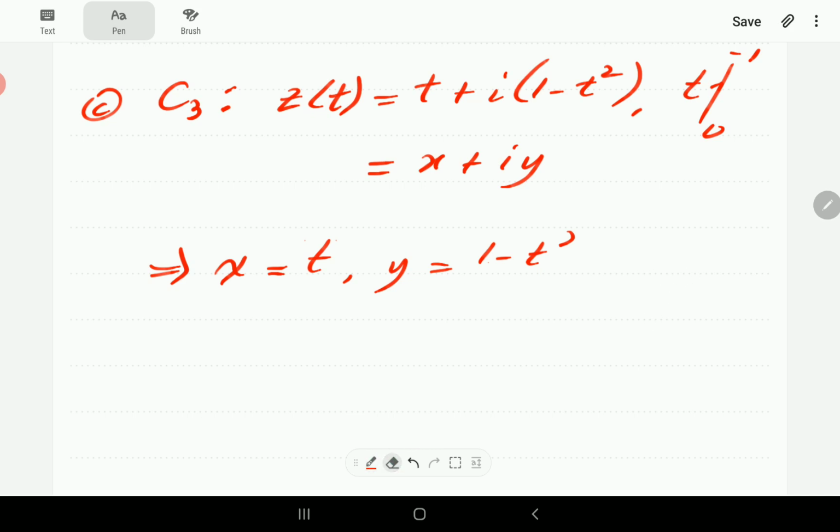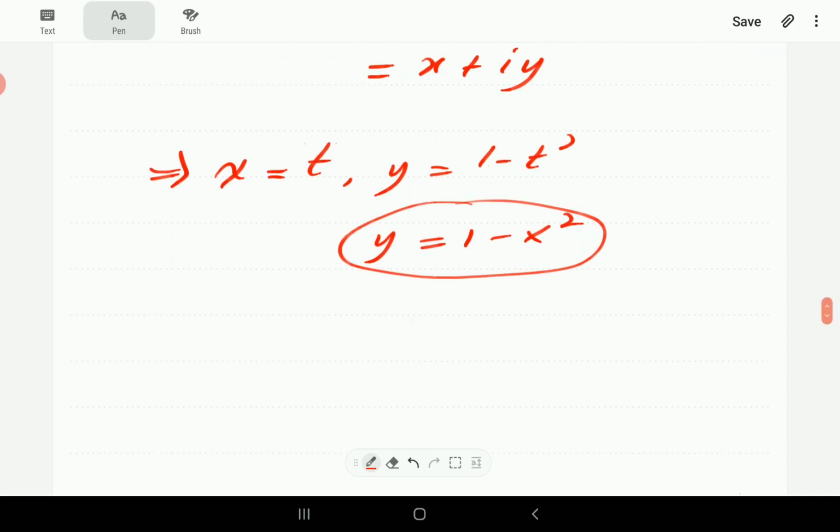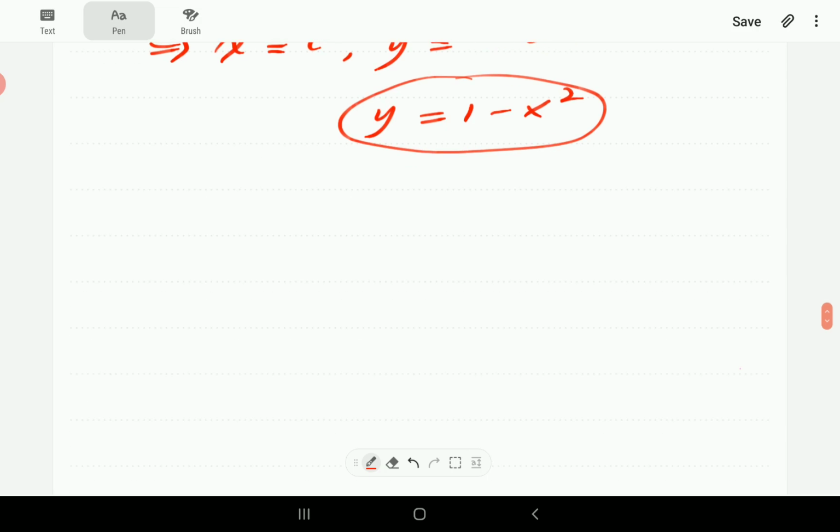Since x is t, then that means this equation we can actually write in terms of x and y. So that's just the parabola y is equal to 1 minus x squared. It opens downwards. It's going to have vertex at (0, 1).